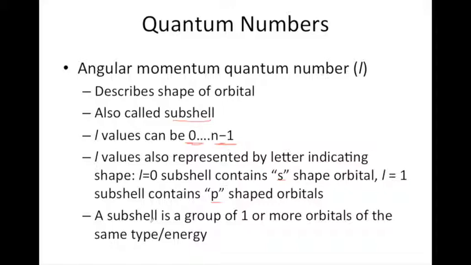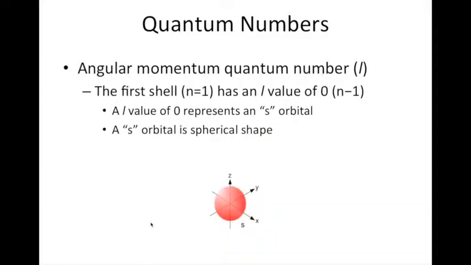So let's look at these angular momentum quantum numbers in a bit more detail. Let's start with the first one. The first shell, remember atoms have shells, n equals 1, 2, 3, 4. Inside these shells, which are not physical things, but these shells are a collection of subshells. The first shell, n equals 1, can have an L value of 0.